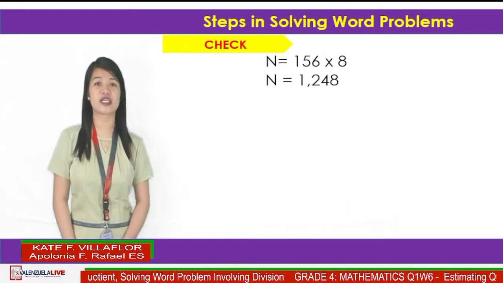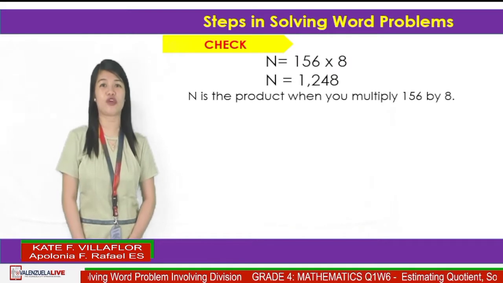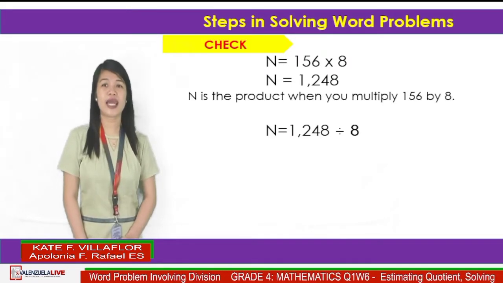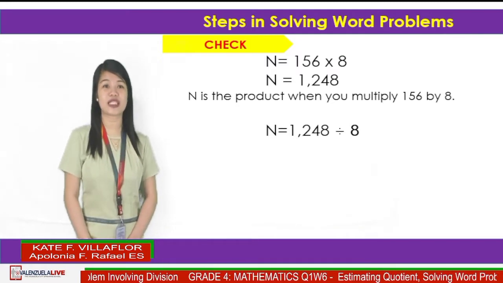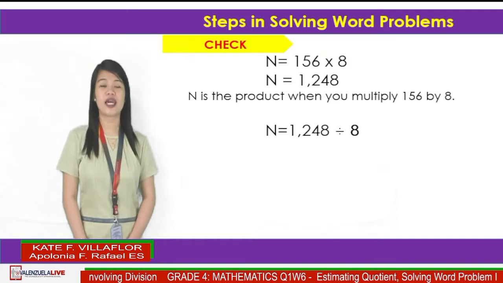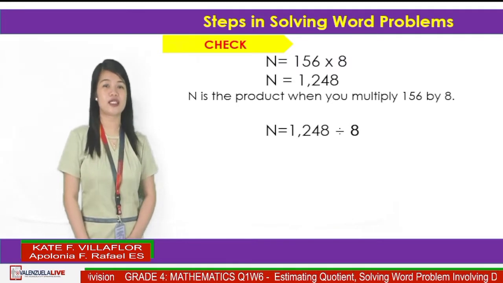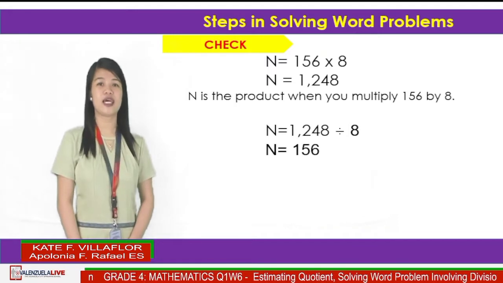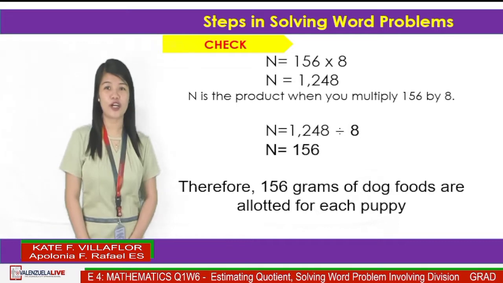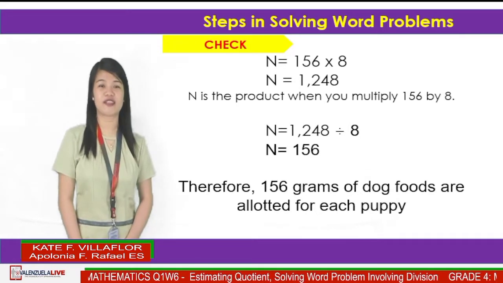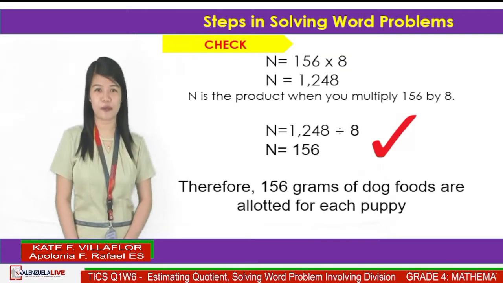Then the answer is the given dividend, which is 1,248. It's the product when you multiply 156 by 8. Then it's equal to 1,248 divided by 8. That is our mathematical sentence, and N is equal to 156. Therefore, 156 grams of dog food are allotted for each puppy.